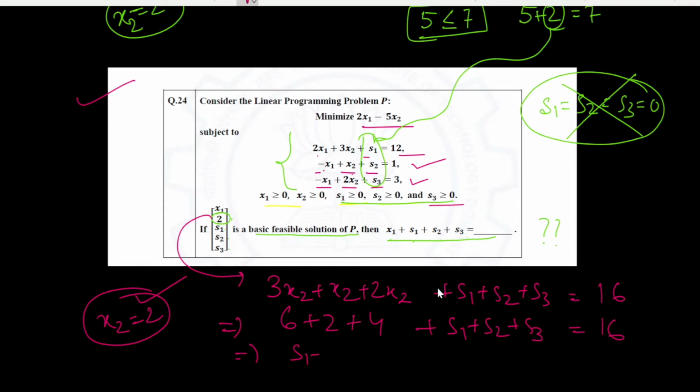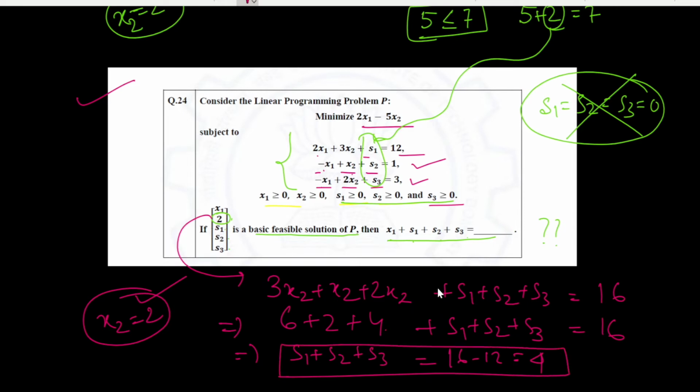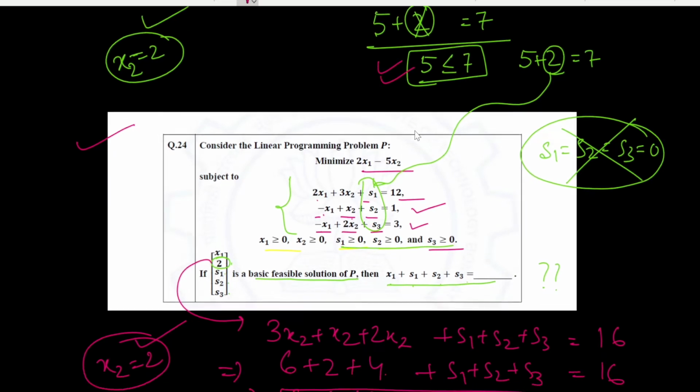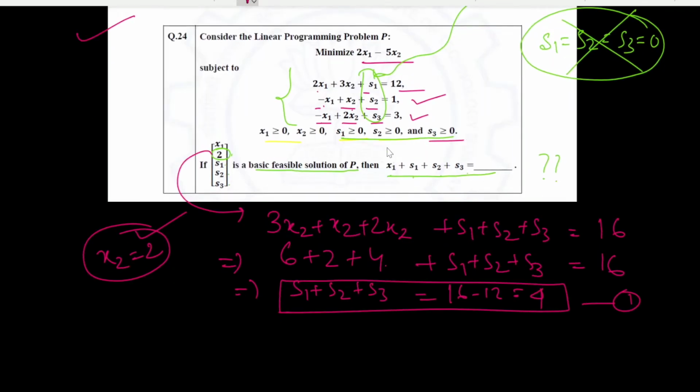So s1 plus s2 plus s3 equals 16 minus 12, which is equal to 4.